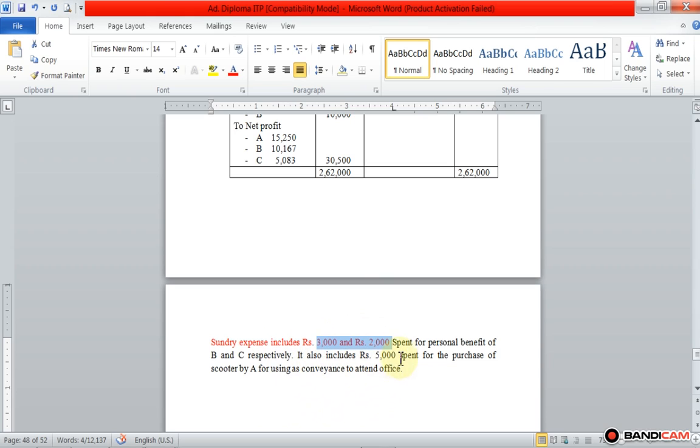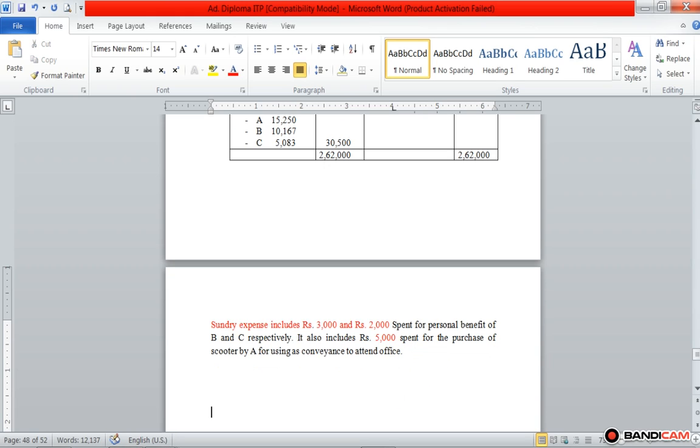It also includes rupees 5,000 spent for the purchase of a scooter by A for use as conveyance to attend office. It is used for business purpose, but it is a capital expenditure, and capital expenditure is disallowed in the firm.